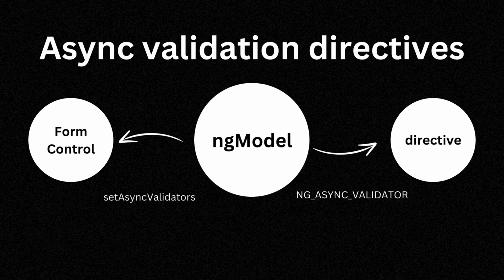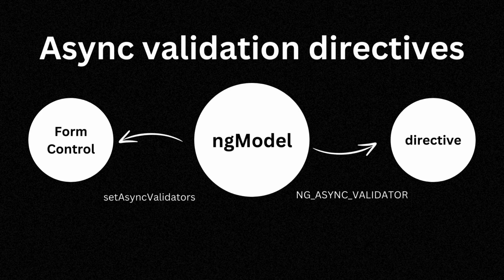But to integrate these validation directives with the ng model, Angular makes use of dependency injection, and Angular will inject this DI token, NG_ASYNC_VALIDATORS, and through this DI injection it will get access to all the validation directives which are applied on the form element.